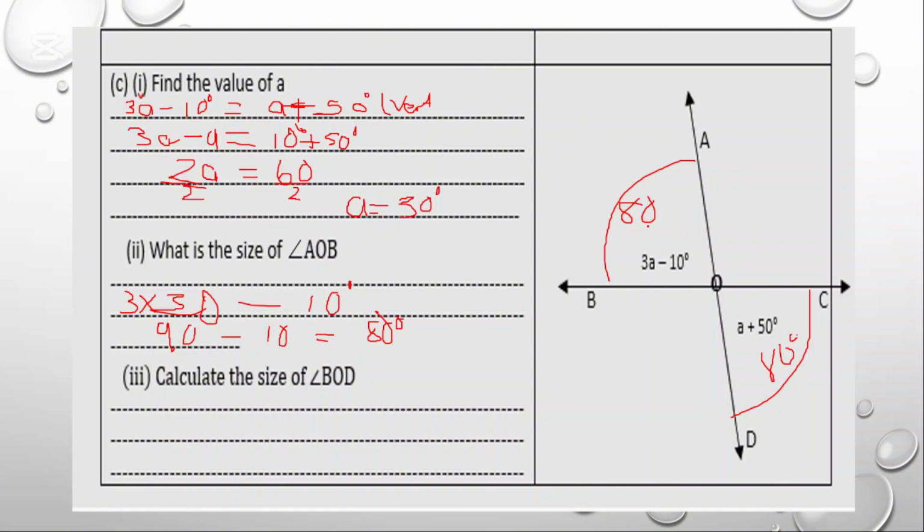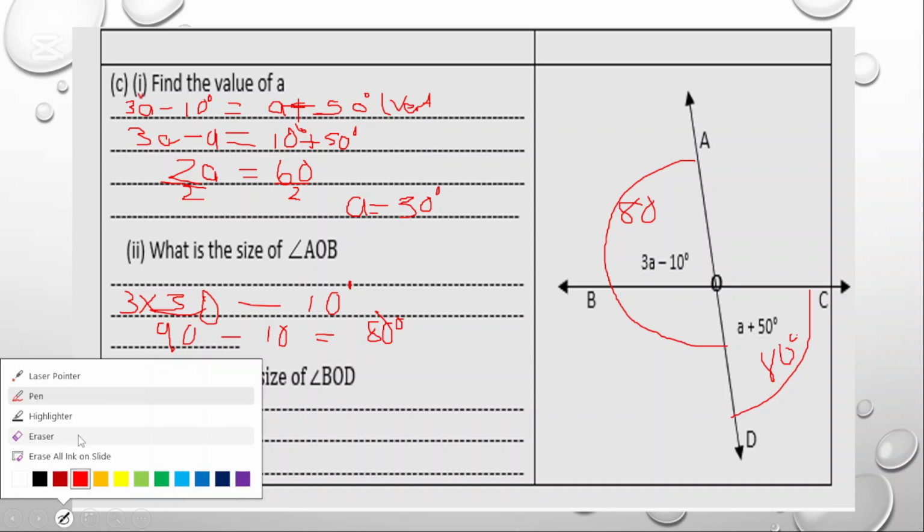If that one is 80, then we see the common vertex is O, AOB and BOD must be 180. There's two angles here. That one and that one, they have the same vertex, they're next to each other, so they add up to 180.